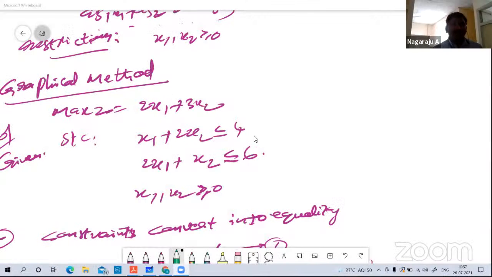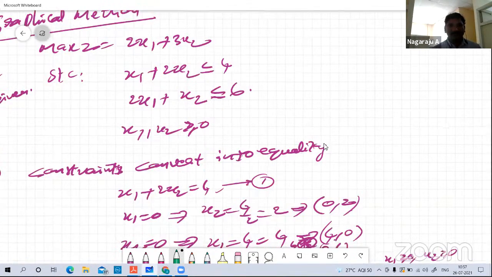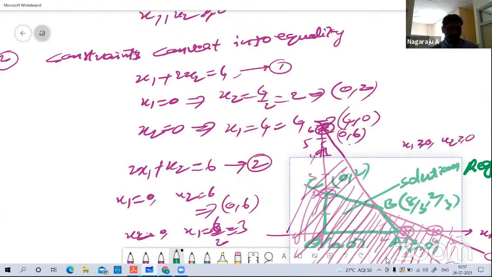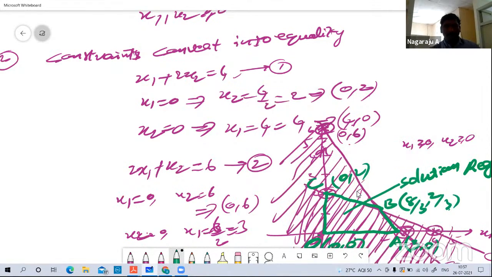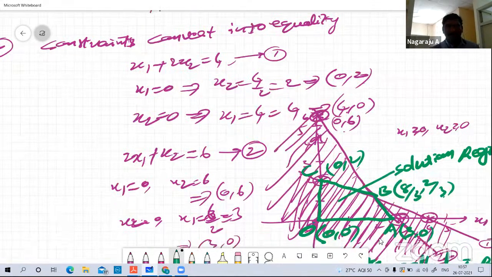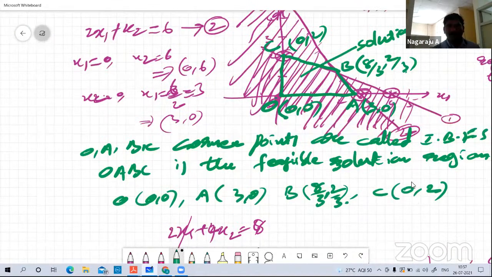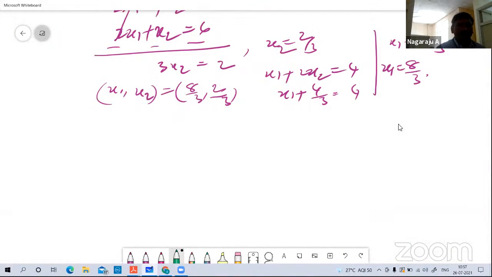In this, the objective function is maximization z equal to 2x1 plus 3x2.